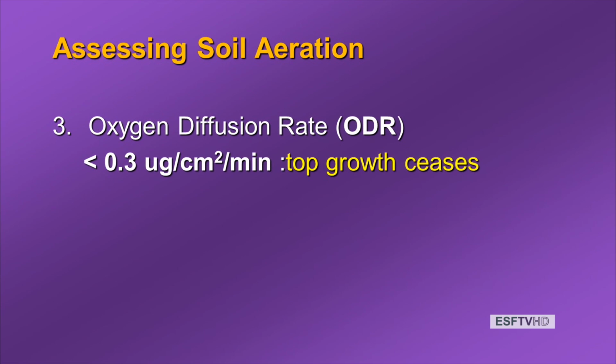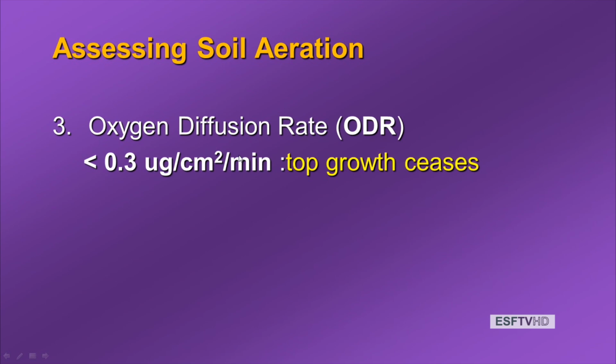We can also look at the rate of oxygen diffusion, the so-called oxygen diffusion rate, ODR. And here's the number, here's the threshold where top growth ceases: 0.3 of a microgram per centimeter squared per minute. So this is a diffusion rate. It is an amount, microgram, over a unit area, centimeter squared, per unit time.